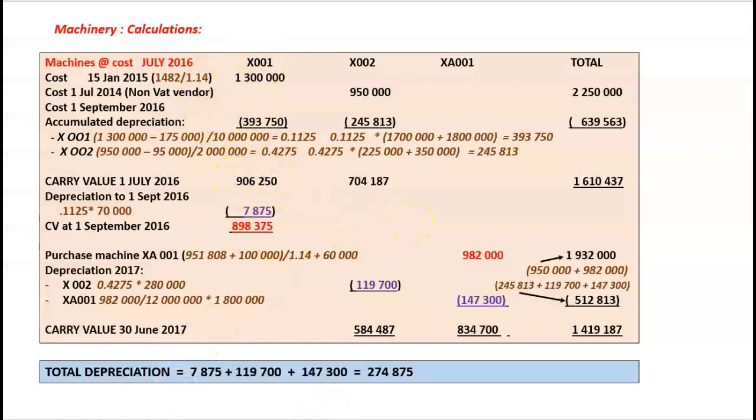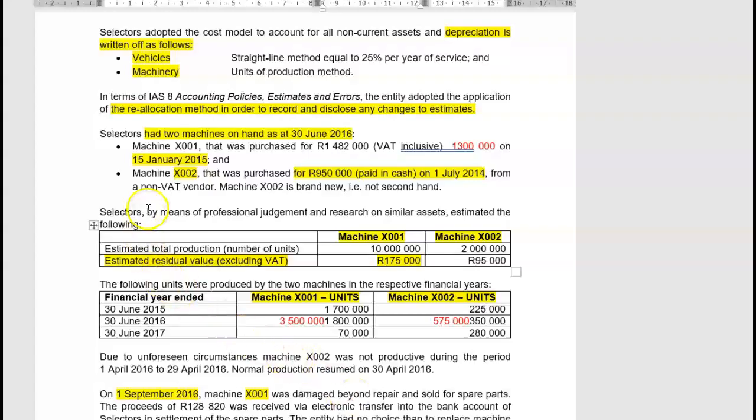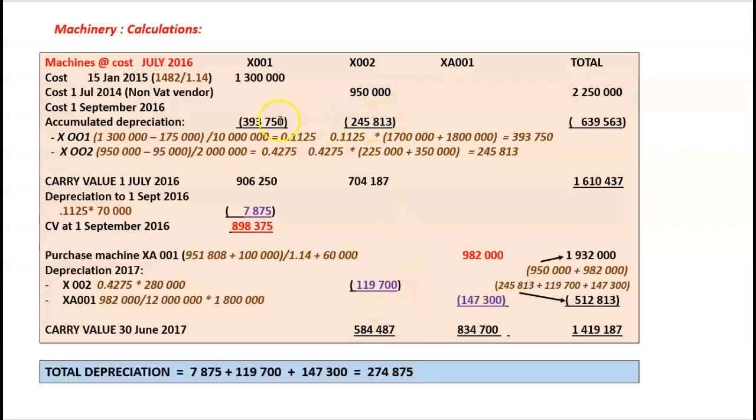906,250. If we look at X002, that was paid for 950,000 Rand. We've said that that is the cost price. The estimated residual value there is 95,000 Rand. So our accumulated depreciation will be 950,000 less 95,000 divided by 2 million multiplied by the number of units up to the beginning of the current financial year of 575,000.